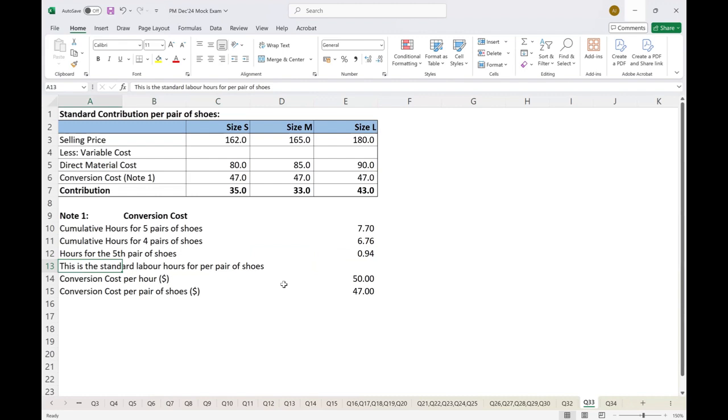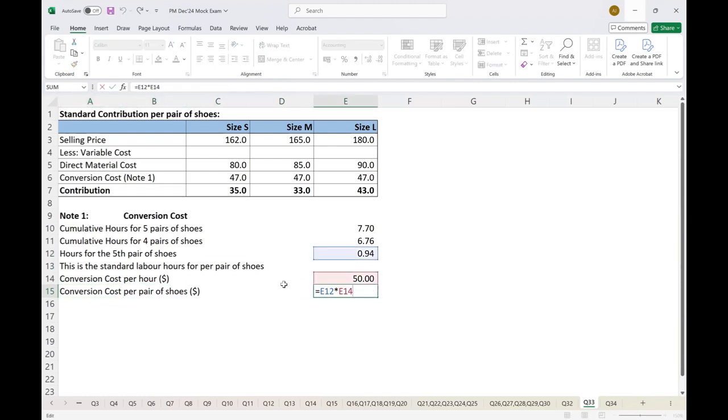Now, conversion cost per hour is 50. This was given to us in the question. This is per hour, and now we know that each unit is going to take 0.94 hours. So can I say conversion cost per pair of shoes will be 50 into 0.94, that is 47.